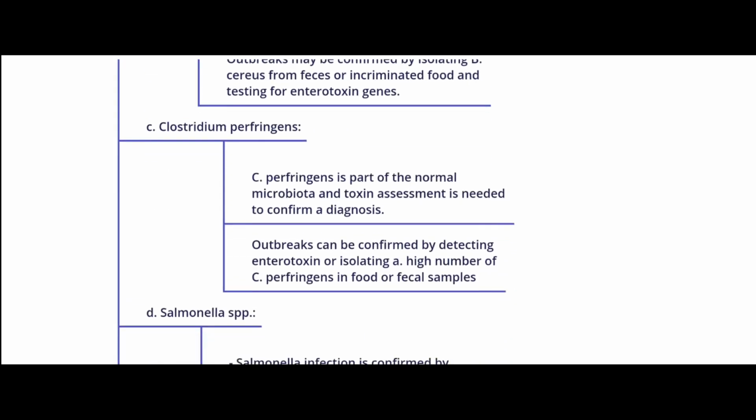Clostridium perfringens is part of normal microbiota, and toxin assessment is needed, not bacterial assessment. Outbreaks are confirmed by isolating a high number of Clostridium in food or fecal samples, but mostly by enterotoxin in multiple patients.